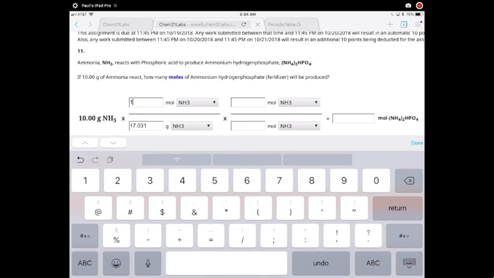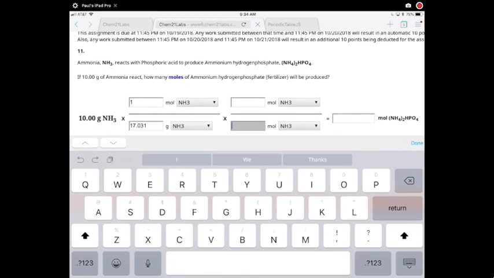What number goes here? 2. What number goes here? 1. Okay. All right. Someone do it for me.